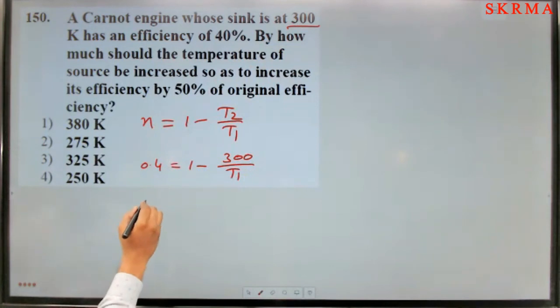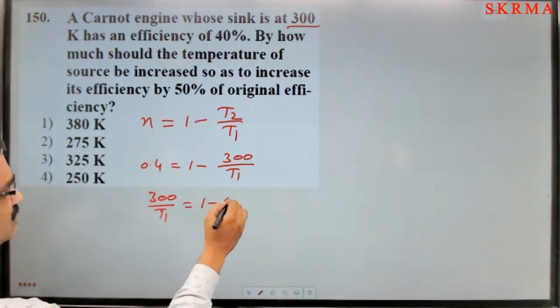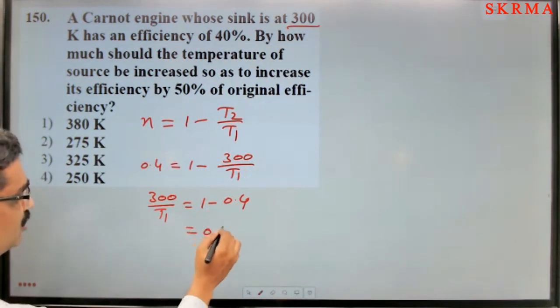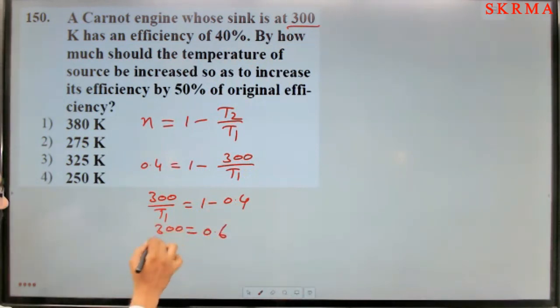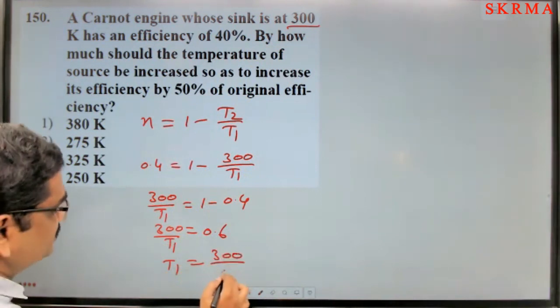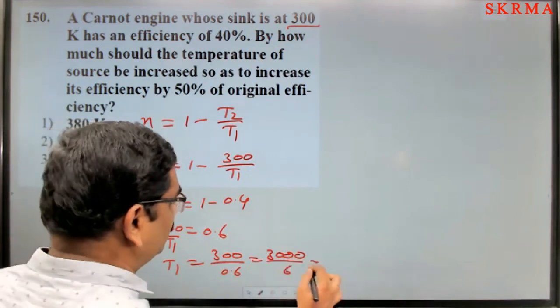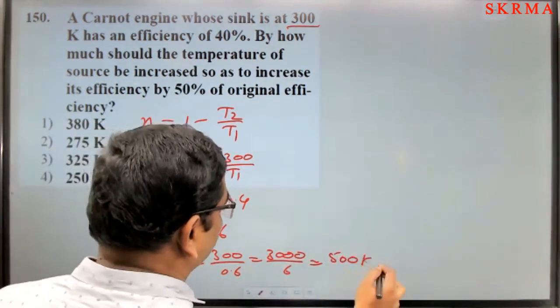Rearranging, 300 by T1 equals 1 minus 0.4, that is 0.6. So T1 equals 300 by 0.6, or 3000 by 6, or 500 Kelvin.